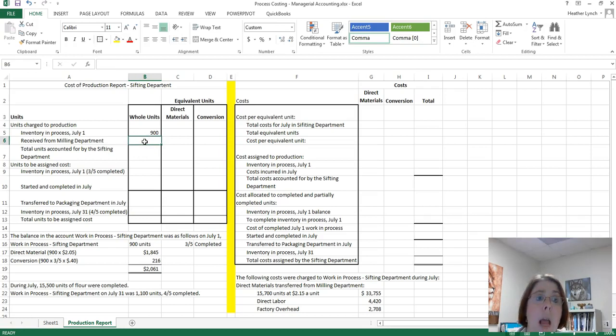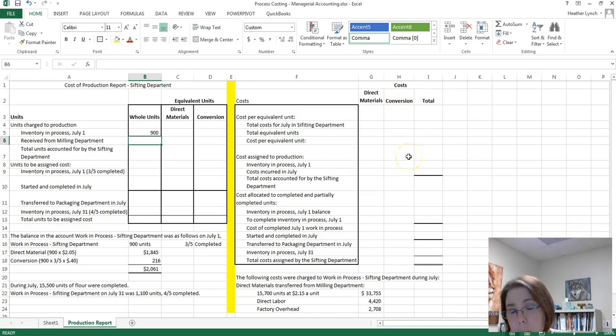How much did we receive from the milling department? They don't give us any information down here, but if we look over here, they show the costs charged to work in process, sifting department: direct materials transferred from milling department, 15,700 units at $2.15 a unit. I don't care about the cost right now.